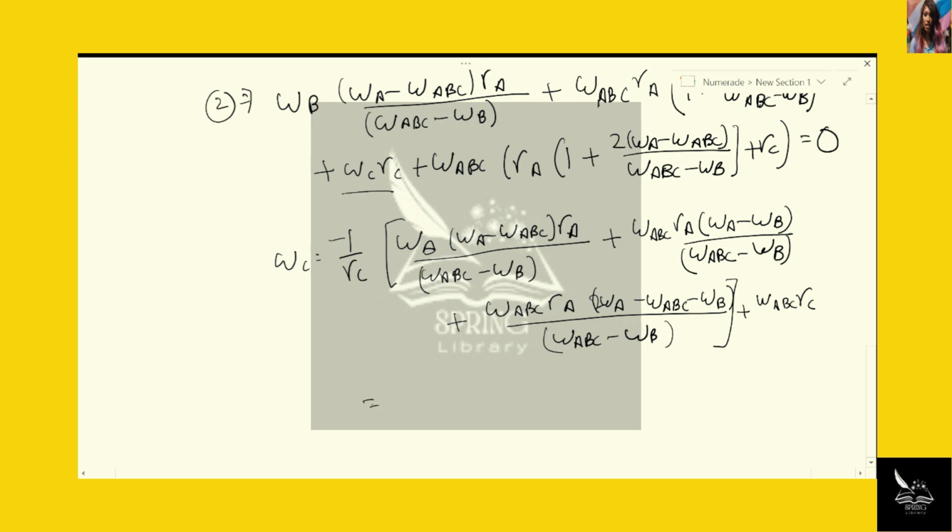So all these terms have omega ABC minus omega B. So let's just add all of them. We still have minus 1 over RC.